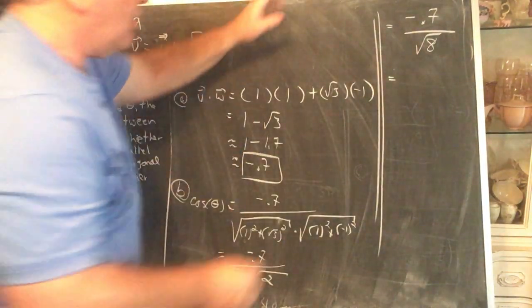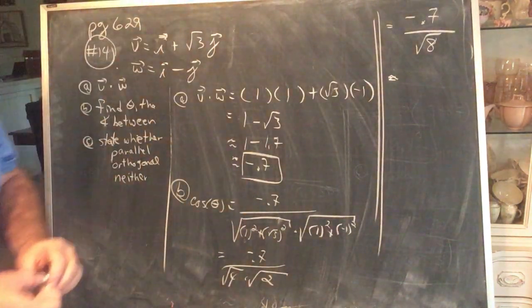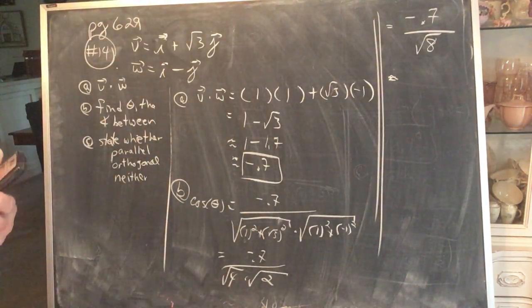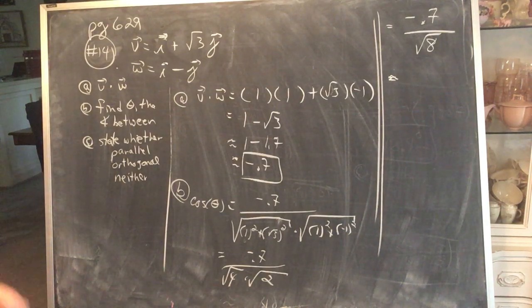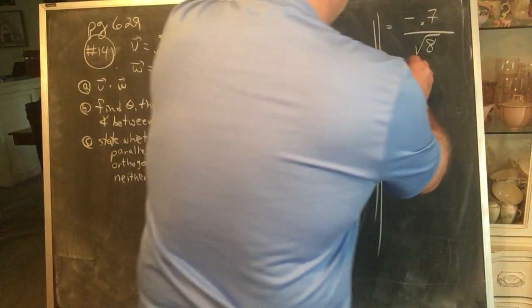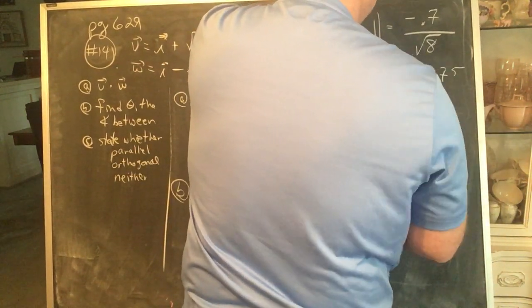These are all now approximations because I've approximated this 0.7. That's going to be negative 0.7 divided by the square root of 8, and I have that to be approximately negative 0.2474, or actually approximately negative 0.2475, however you round is fine by me.